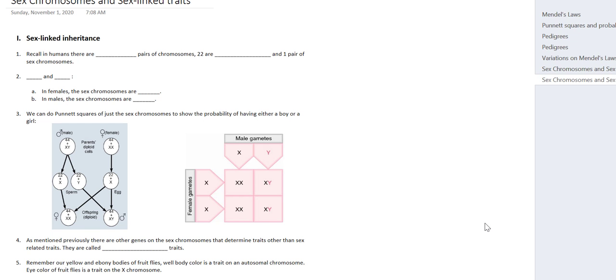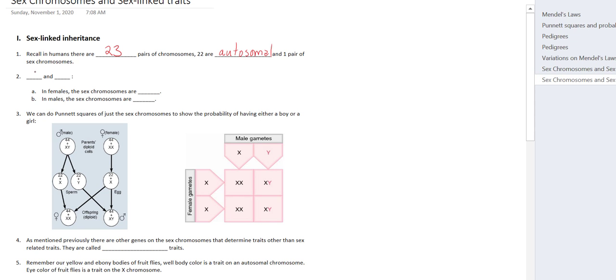So we've talked before that humans have 23 pairs of chromosomes. And remember, those 23 homologous pairs come as 22 which are autosomal, and the last pair, the 23rd pair, are your sex chromosomes.